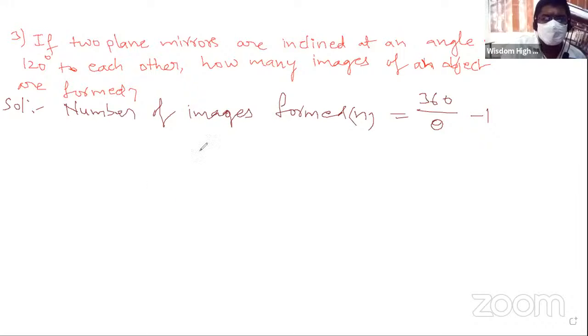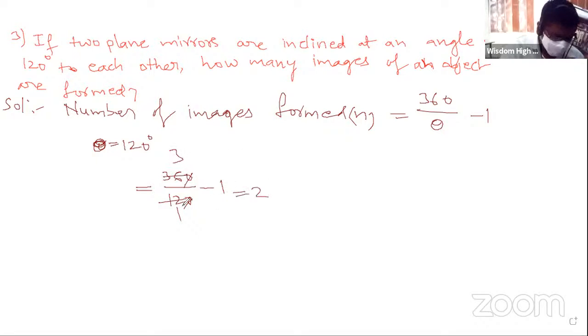Here theta equal to 120 degrees. Then 360 by 120 minus 1. So 0, 0 cancel. 12 ones are 12, 12 threes are 36. So 3 minus 1 means 2. Number of images formed, n equal to 2 images.